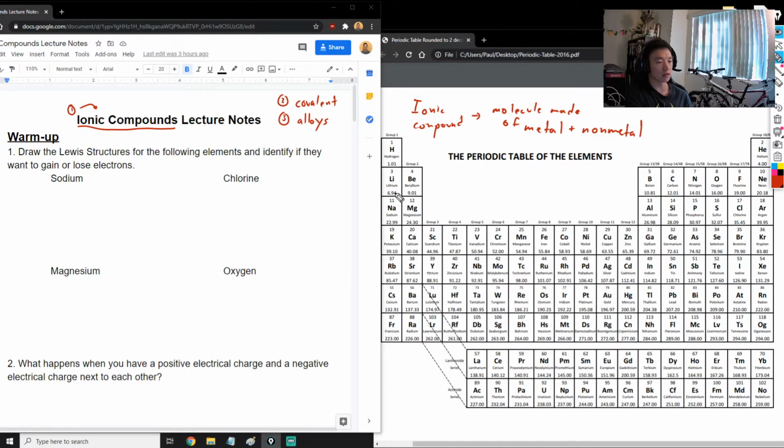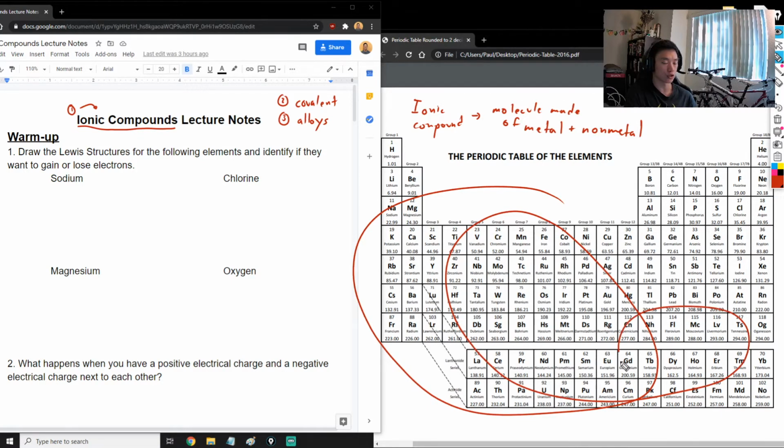But basically, metals, you can usually find them right here on the periodic table. They take up most of it, like the very bottom and the middle and the left side. And the non-metals are going to be hydrogen and the things that are up here, the far right side. So the right side here is where the non-metals are.